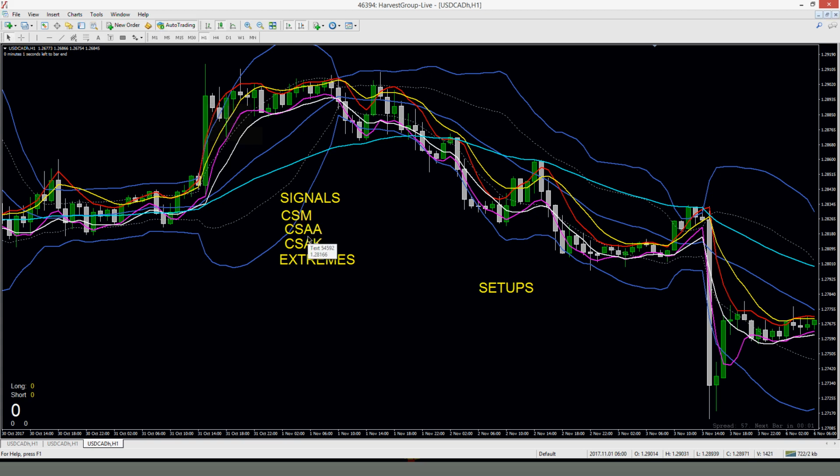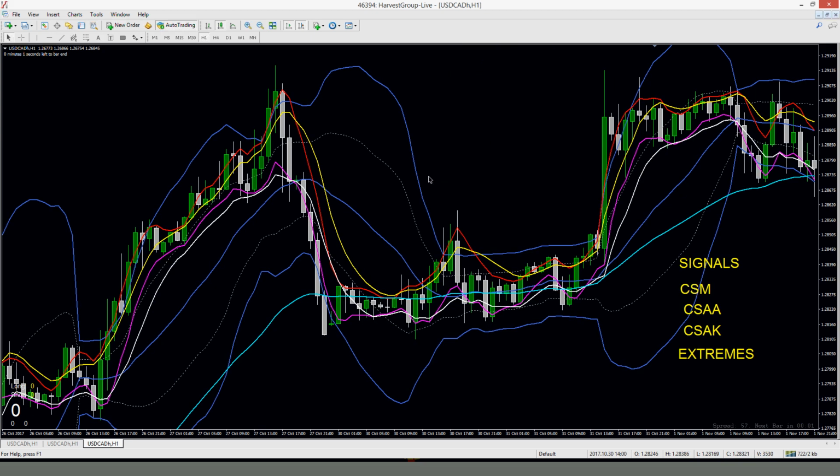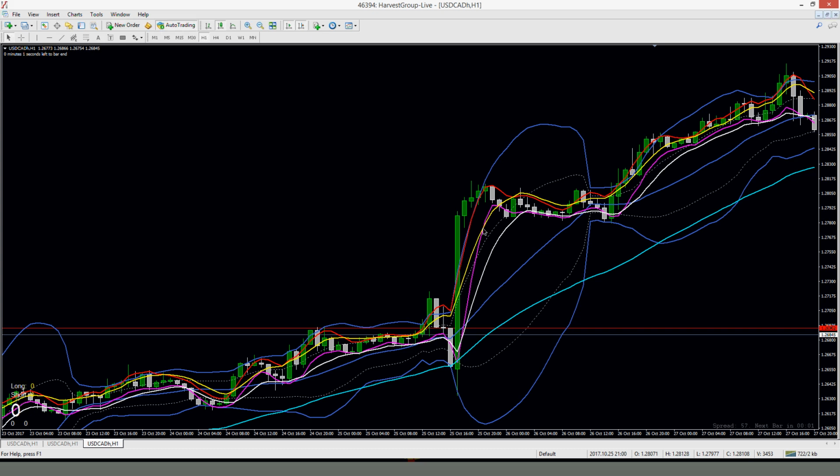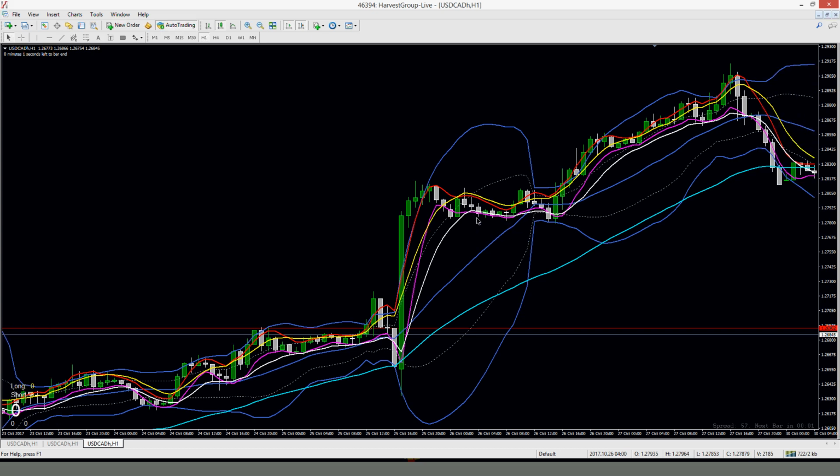Okay. And then next one is candlestick arah awal, which is candlestick early direction. Okay, so candlestick early direction means, let me just find one. Okay, over here, that after an extreme A, there is a candle that breaks through MA5 and MA10.